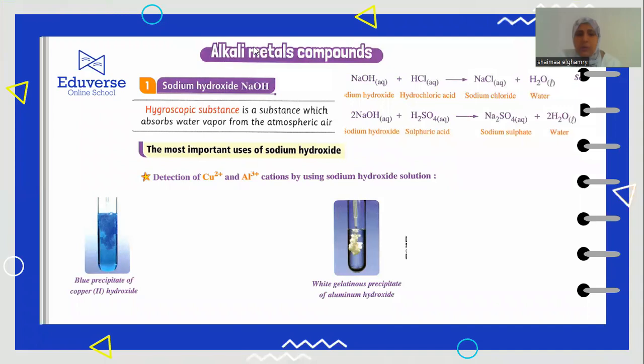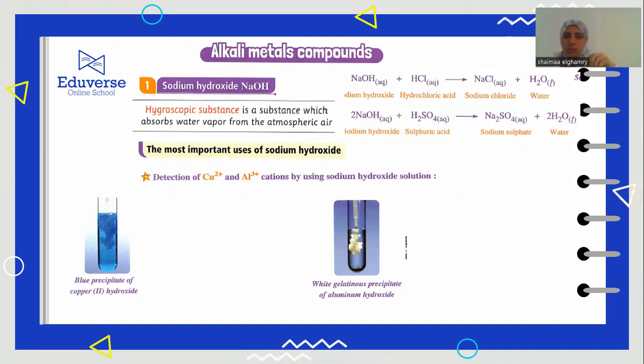The most important uses of sodium hydroxide: it is used in many industries such as textile and paper. But one of the most important uses is to detect the difference between copper cation and aluminum cation by using sodium hydroxide solution.